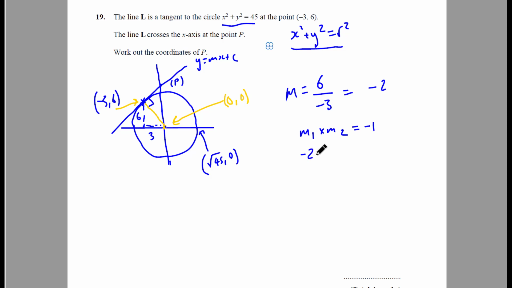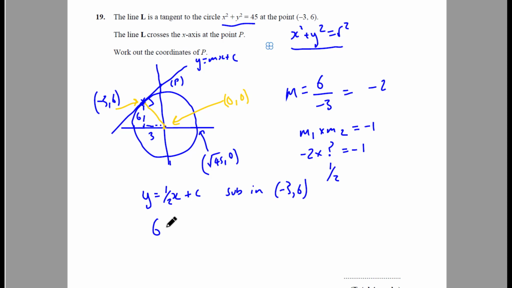So minus 2 times what is going to give us minus 1, and that is a half. So the equation of this line is y equals a half x plus c. We don't know what c is, so we sub in the point on the line, minus 3, 6.